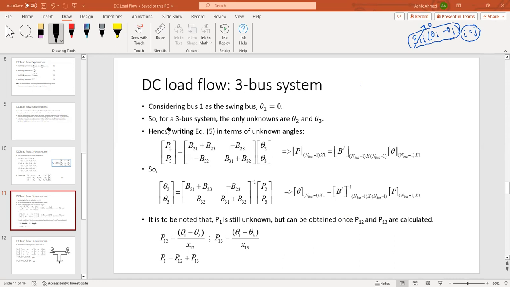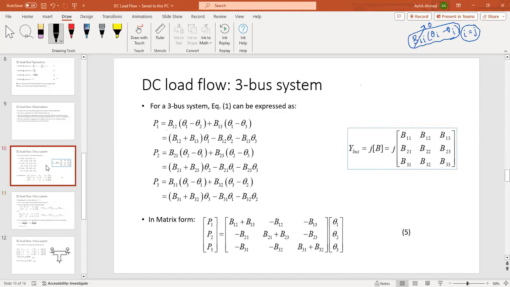So P1 is no more appearing here. That means we are only concerned about this block. This part and this part are no more considered for the time being, because these are actually known.